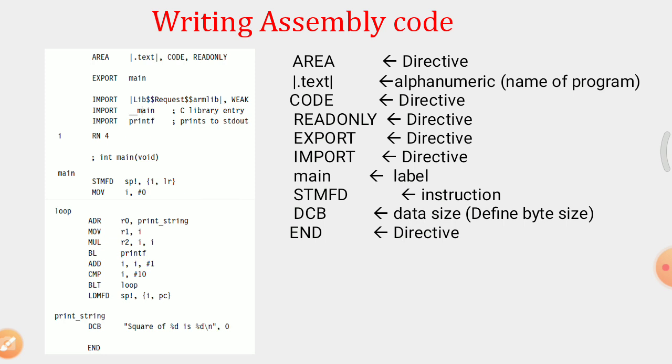So we are linking our assembly program to the C program. If we link an .asm and a .c file, these export and import directives are very useful. We can make the ARM assembly available in the C program, and the C program available in the ARM program.